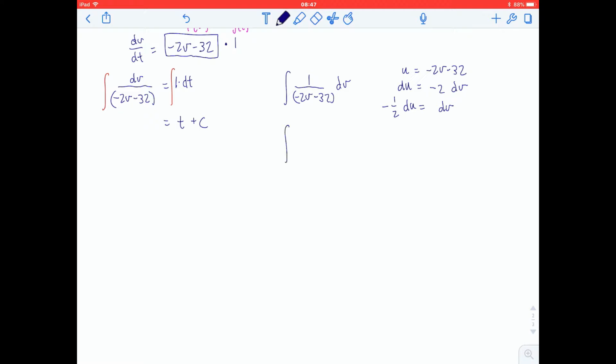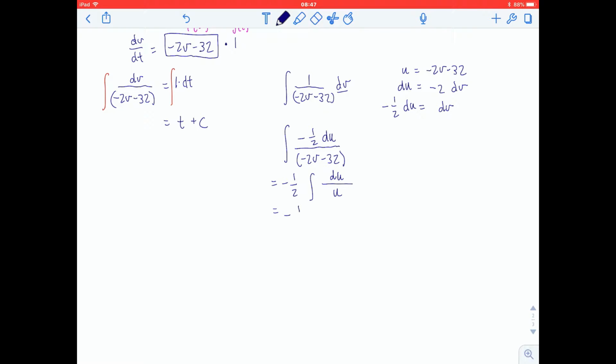So our integral then becomes the integral of negative 1/2 du, because that's our dv here, divided by negative 2v minus 32. We can pull that negative 1/2 out, so negative 1/2 times the integral of du, and we can substitute for this, which is just u, so negative 1/2 the integral of du over u.